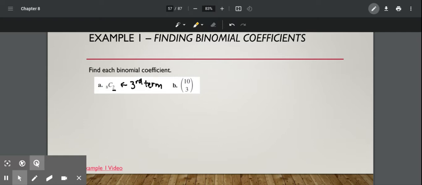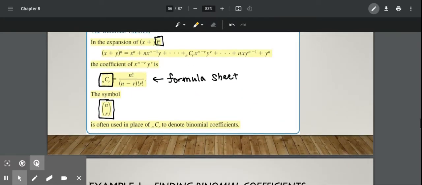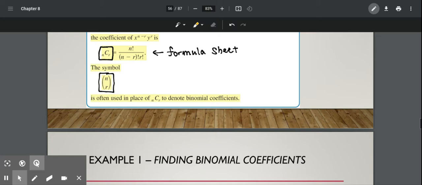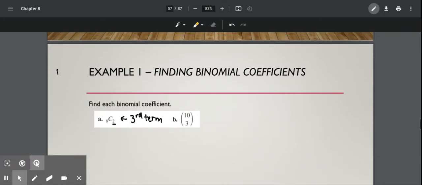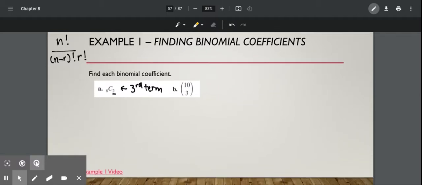So if we use our formula, which is n factorial over n minus r factorial times r factorial, we would have 8 factorial over 8 minus 2 factorial times 2 factorial.